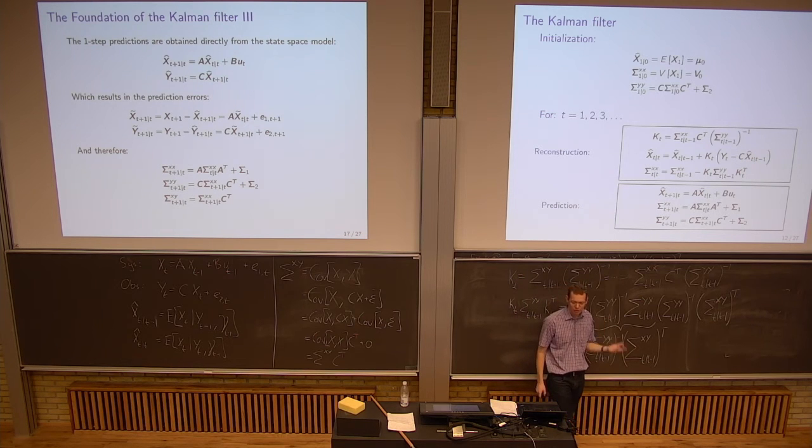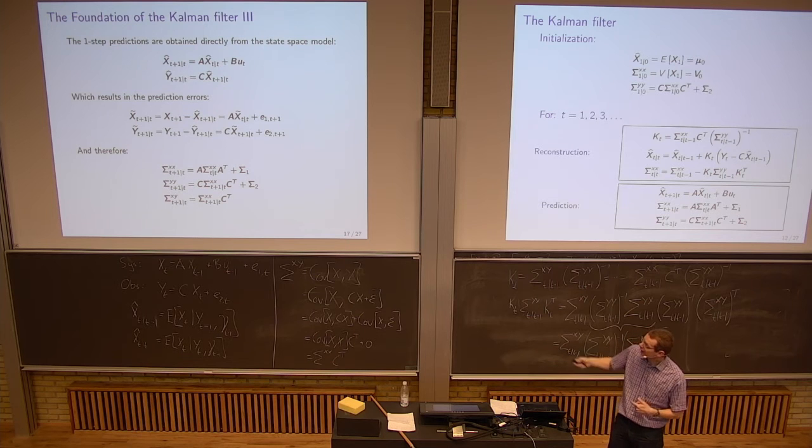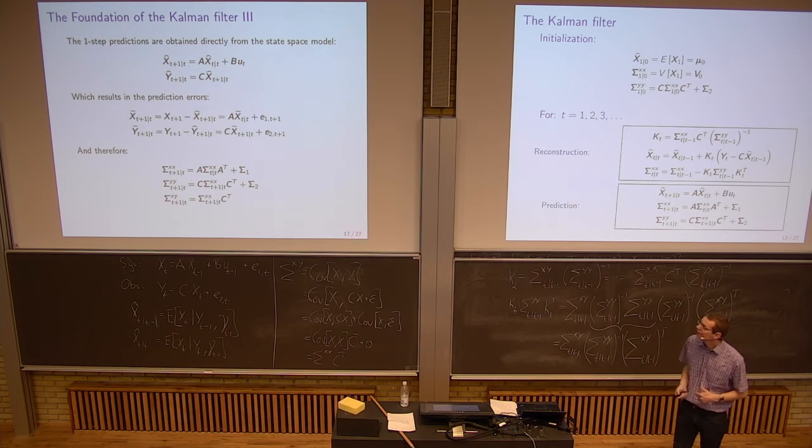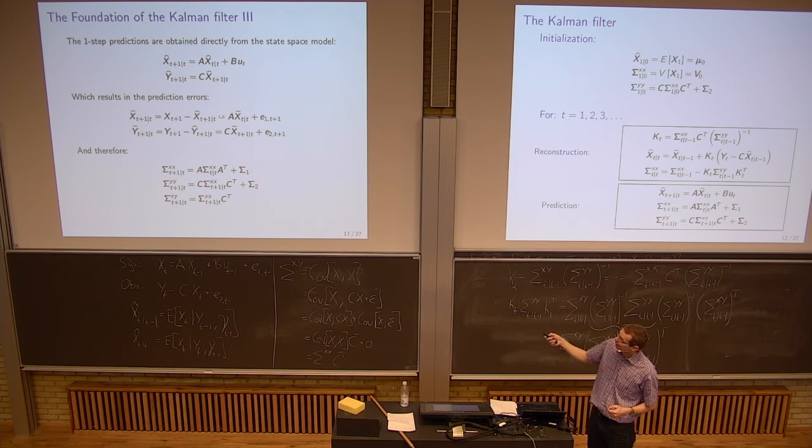So this is basically the predictions up there, which gives us the prediction errors, x t plus 1 minus x hat t plus 1 given t. There's an error that comes from the reconstruction not being the true value of x, and there's an error coming from the noise to the system. And likewise for the observation part.